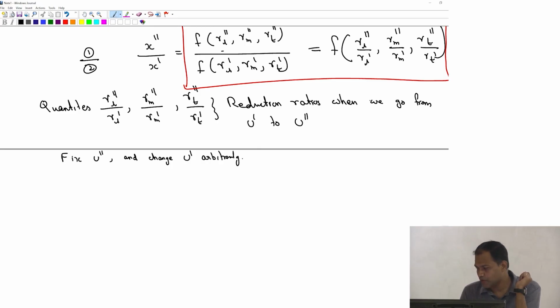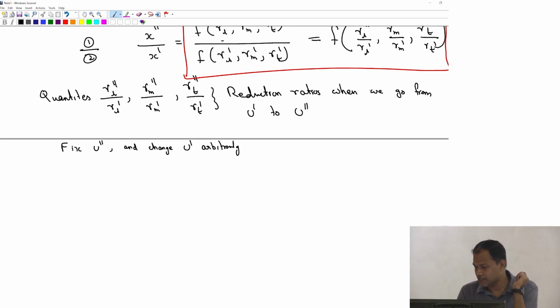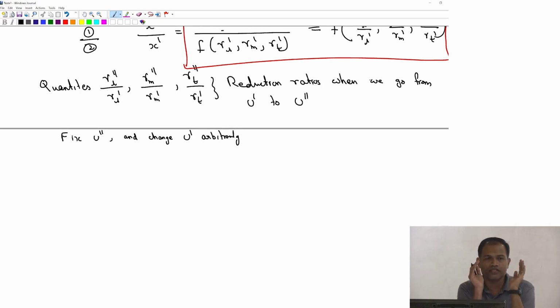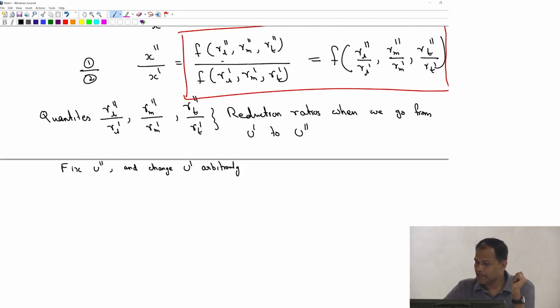So far I talked about fixing a system. Now I am saying that one of the systems I am going to fix, and the other one I am going to consider to be a variable, so that I can do differentiations and integrations and so on. In this boxed expression, I am going to keep my double primed variables as fixed quantities and my primed variables as really variables, so that I can do differentiation.